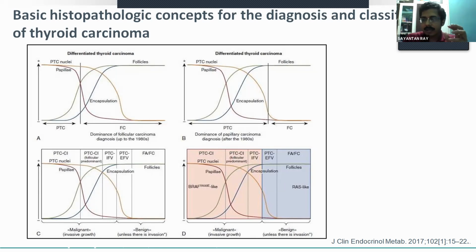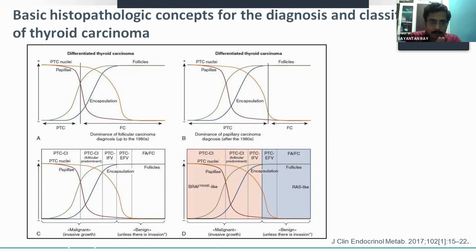And there are four basic morphologic features used to diagnose tumors of follicular cell derivation. Number one is papillary growth pattern. Second is follicular growth pattern. Third is presence of a tumor capsule and of its invasion. And the fourth is alteration of nuclear morphology, typical of papillary carcinoma.